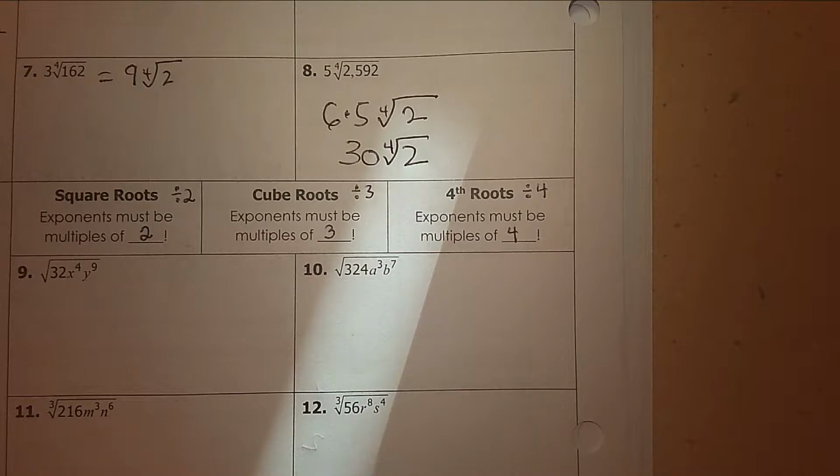So now we're going to simplify radicals with algebra. So if we have exponents and radicals, we are dividing.